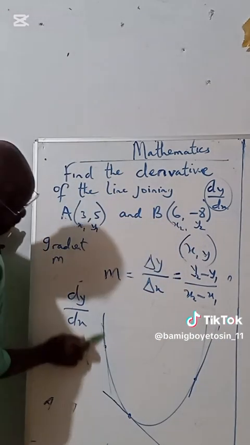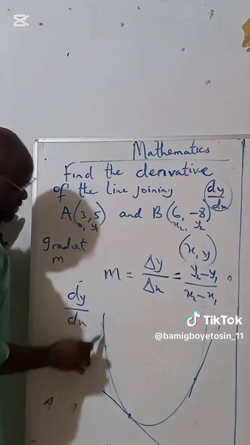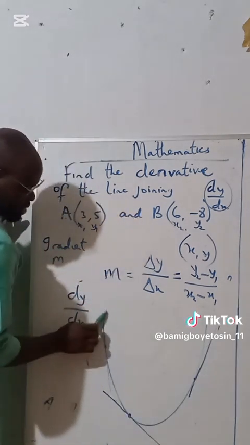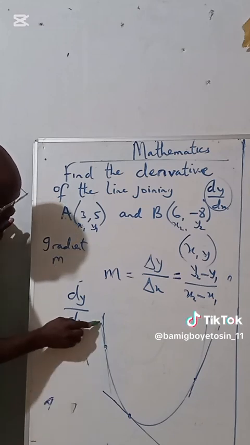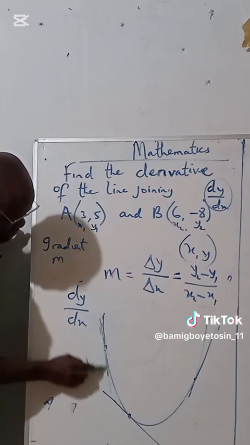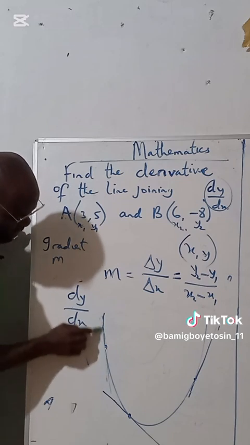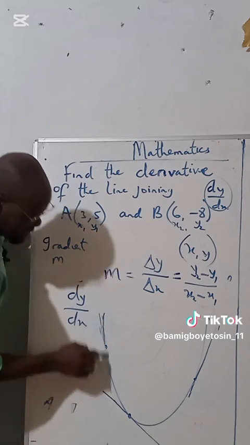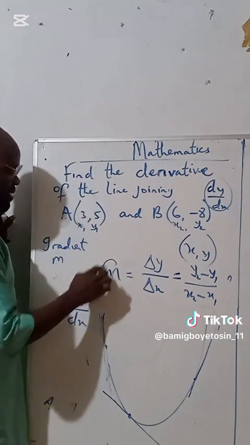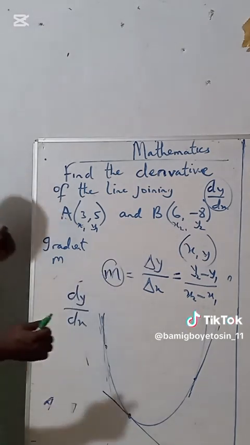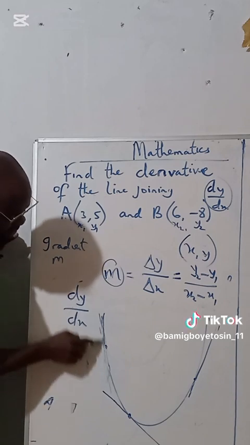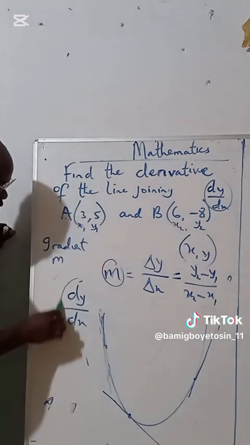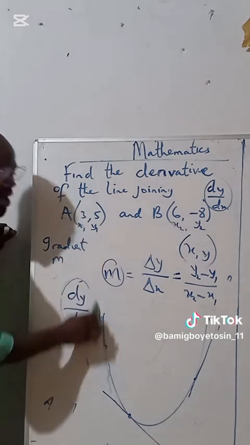So to get our dy dx for a curve, that dy dx means that at any point we are given, that's the tangent. The gradient of that line, the tangent is a line, that gradient is now m.